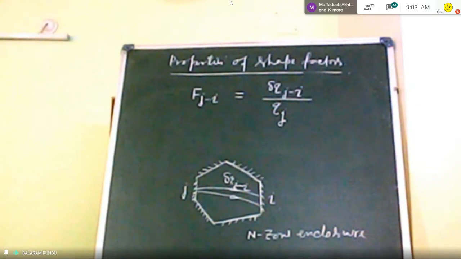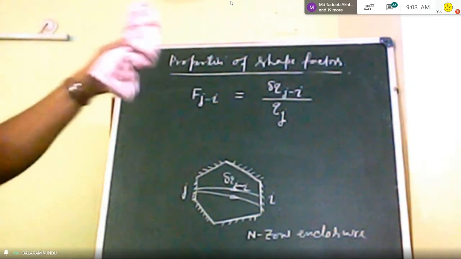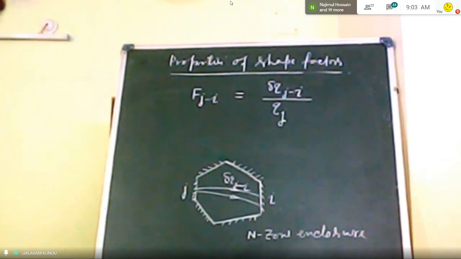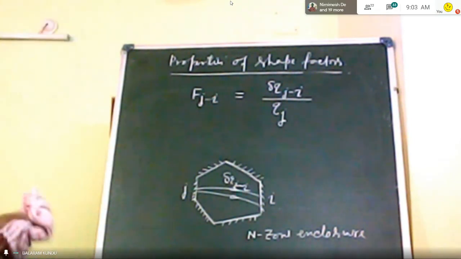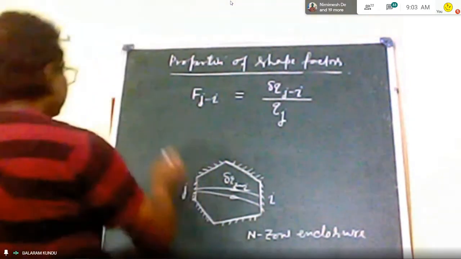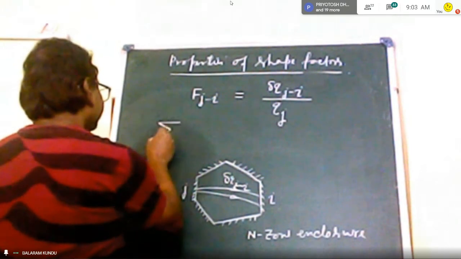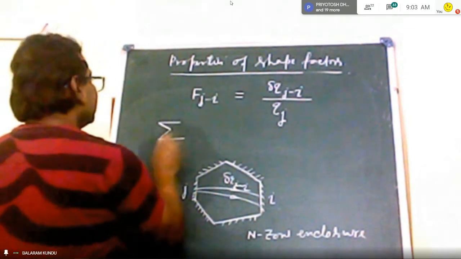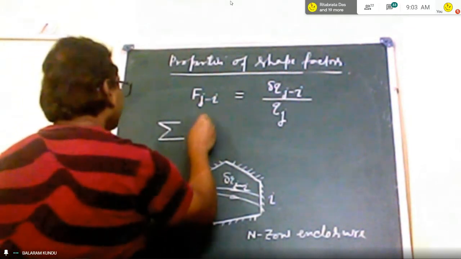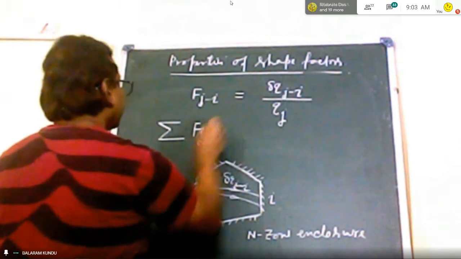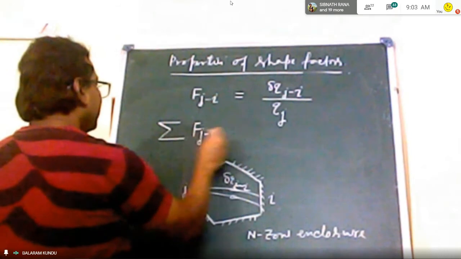In a similar fashion, if there are n surfaces and we add these things, F of J to I should be equal to the following.